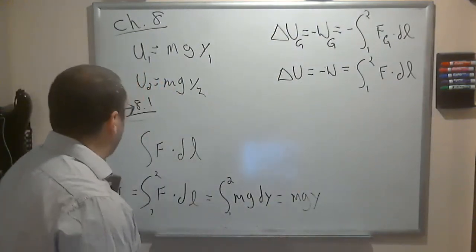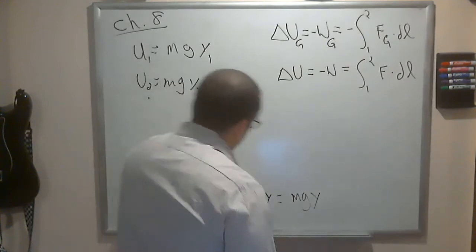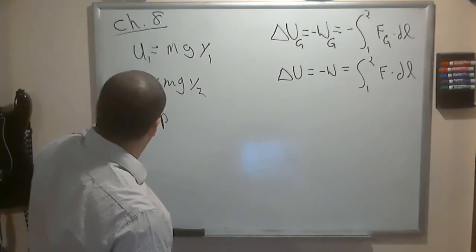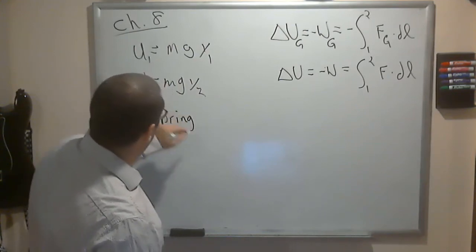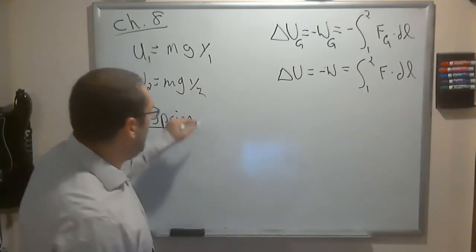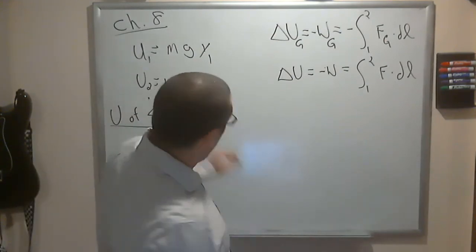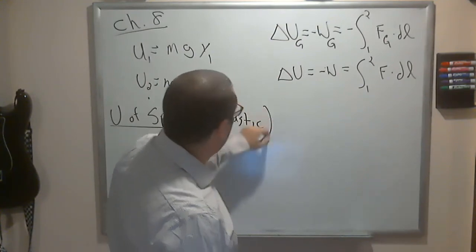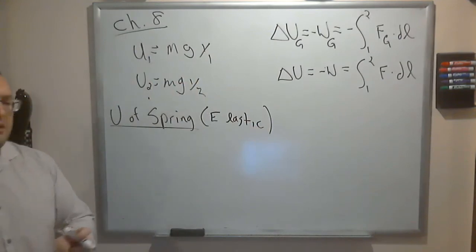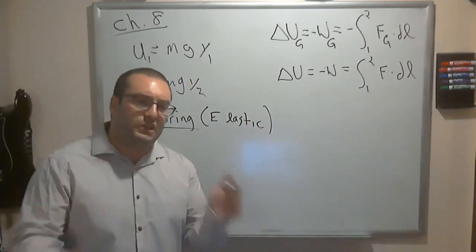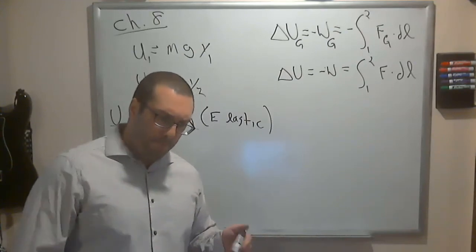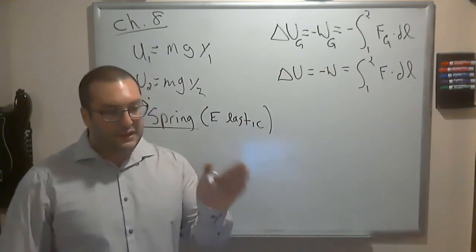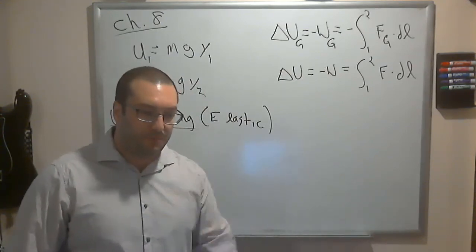Now for a spring, or I should really say elastic U, because it doesn't matter if it's a spring or a rubber band, it still works basically the same way. As long as you don't deform it too much, the force is linearly proportional to the distance from equilibrium.